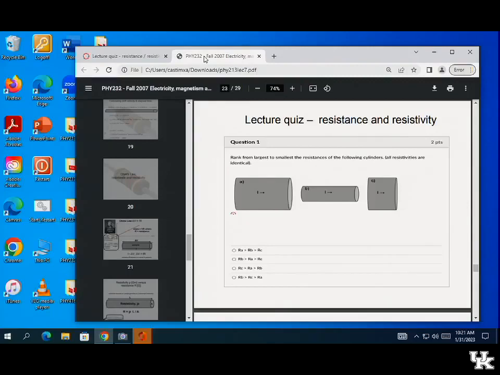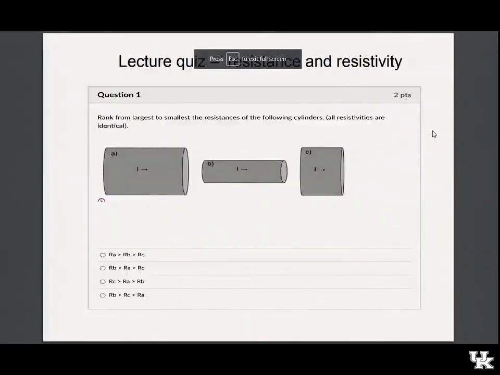In this question, we're comparing three lengths of wire. They're all the same material, but they have different geometries. One of them is shorter, C, and one of them has a smaller cross-section, B. We've got to order these three different wires from the one that has the greatest resistance to the one that has the smallest resistance.